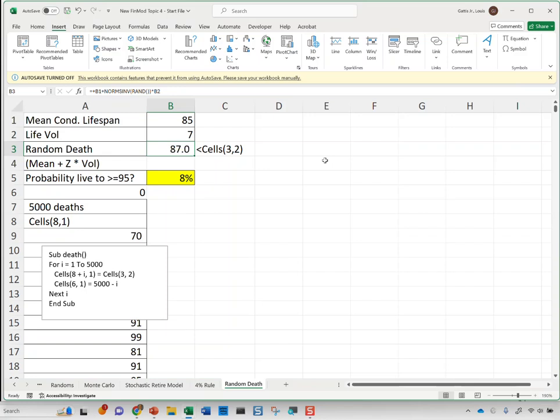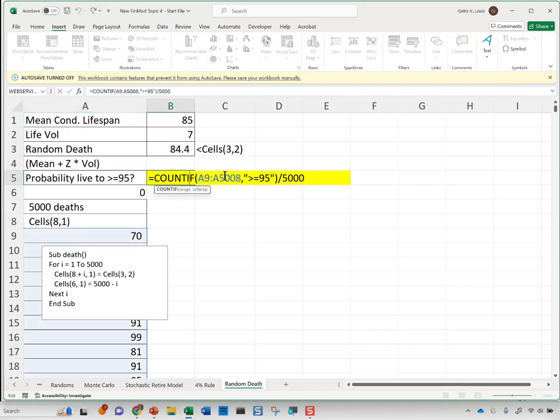If I were to graph 5,000 of these observations, I will get a normal distribution type curve. If you run a simulation of taking whatever's in cell 3,2 and putting it here, here, here, using this macro called sub death, you can then count how many of these are greater than or equal to 95. What's the probability I'll live to more than age 95? And it turns out there's an 8% chance.